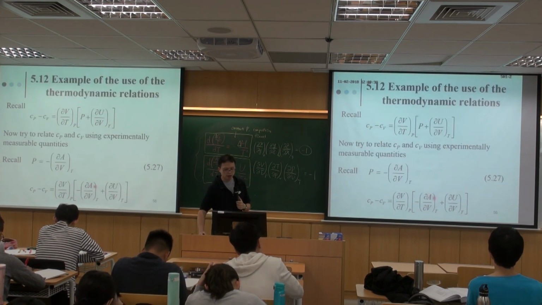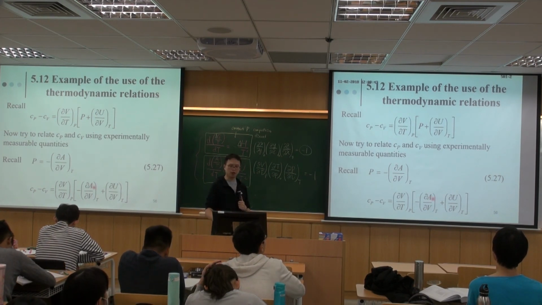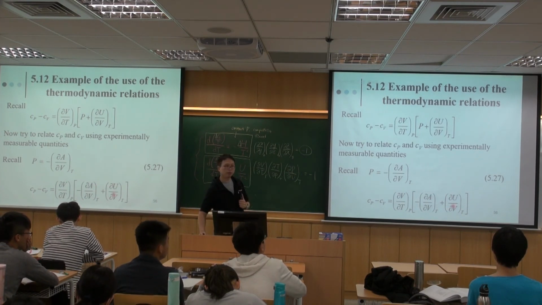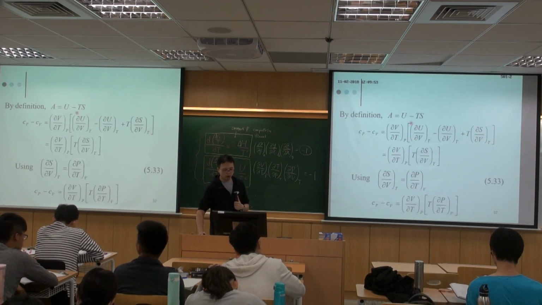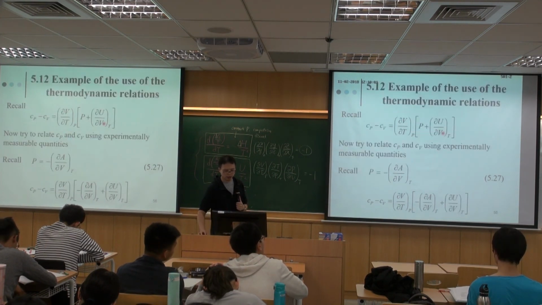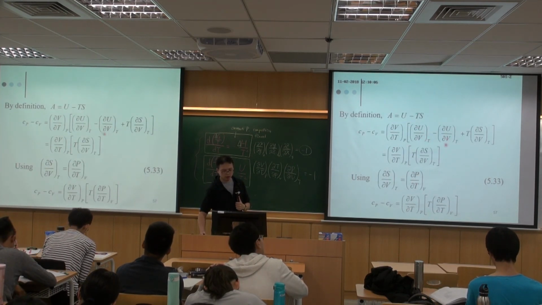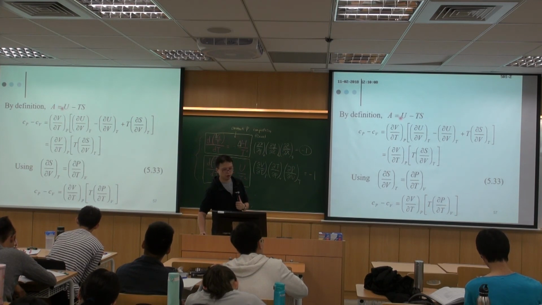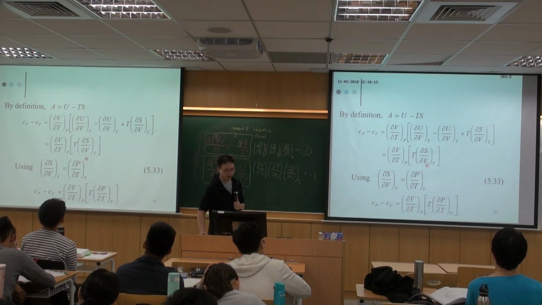If this is U minus Ts, then we naturally have a partial U, partial V at fixed temperature, and that will be canceled out with this term. So we don't have to worry about this anymore. This is the original partial V, and this is from the Helmholtz free energy U, but these two will cancel out. So in the end, you have something like this.